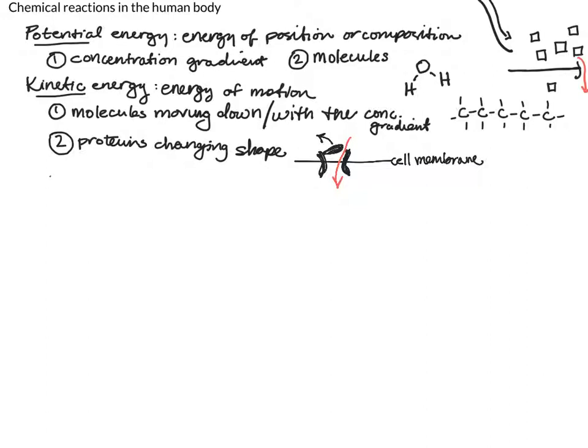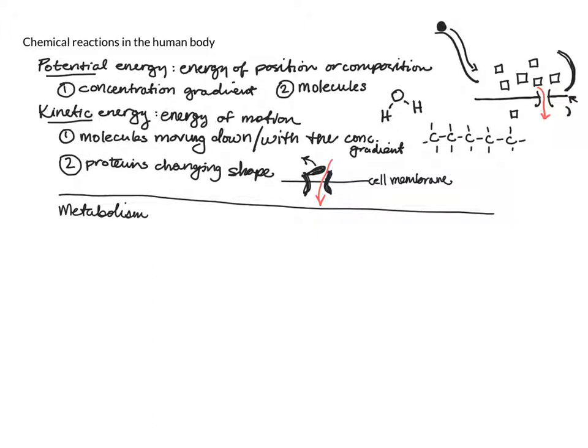All right, now that we've got these two terms out of the way, let's move on to talk about the word metabolism. The word metabolism refers to all of the reactions that are happening inside of the human body. I'm going to shorten reactions to this, so you'll see this shorthand from me.